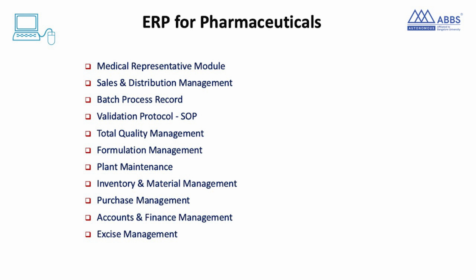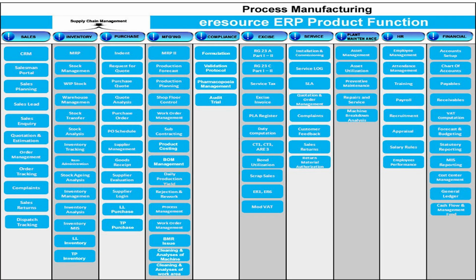Now, the same modules can be shown in terms of individual sections, as you see in the next diagram. These are various applications of different modules in a pharmaceutical company.